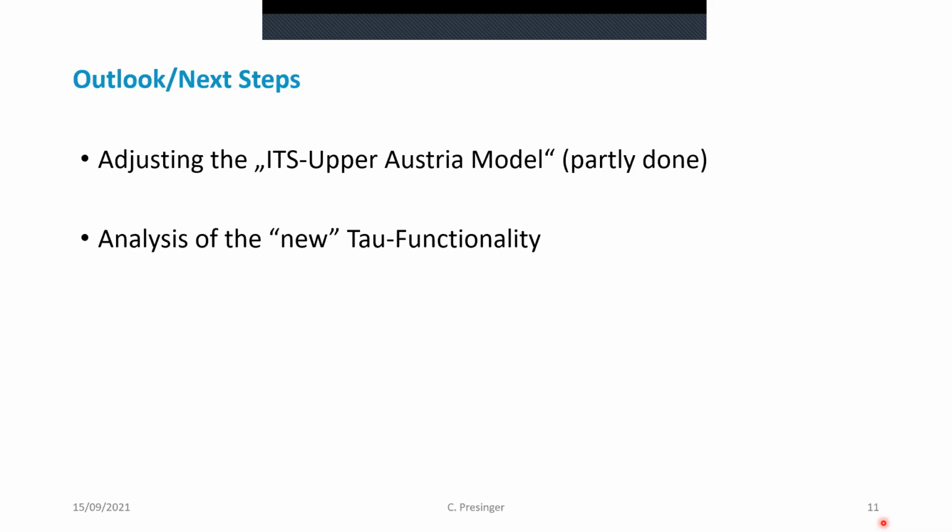And we found out that the model was better than before. What should be done next is to check out the new tau functionality and add it to the model, because I think it would have a large impact. Thank you for your attention.